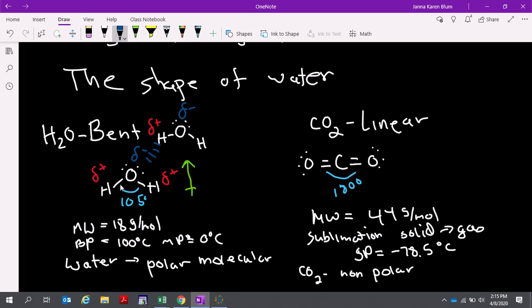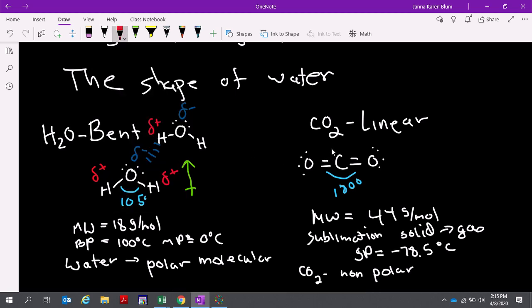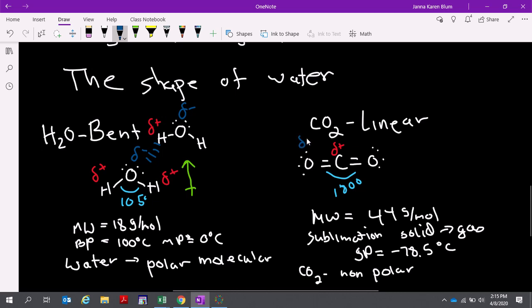So we would not have this difference, though, if we go back and we look at carbon dioxide. Carbon dioxide also has oxygen on it. And carbon becomes partially positive, and that oxygen, again, is partially negative over here, and that oxygen is partially negative.